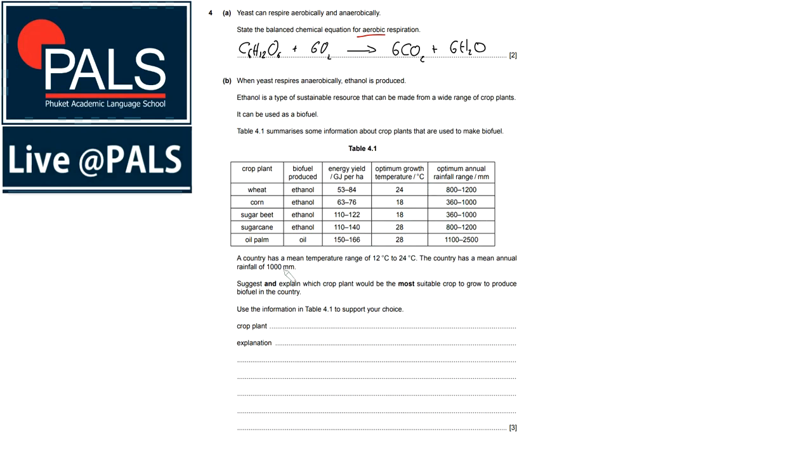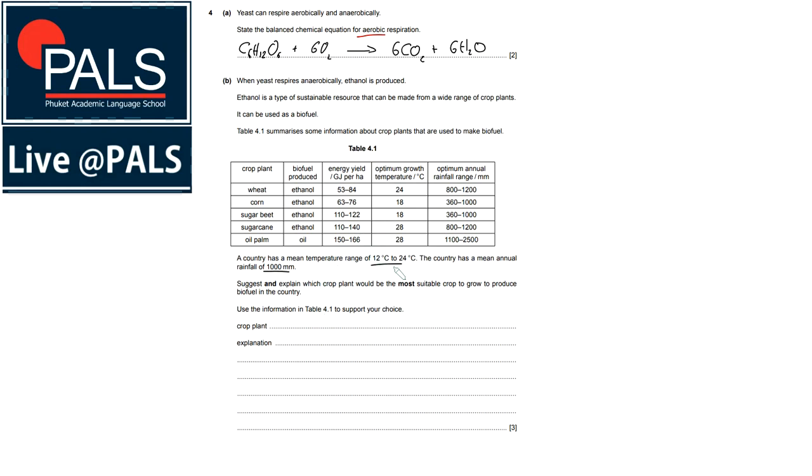for the crops. The country has a mean temperature of 12 to 24 degrees Celsius. The country has a mean annual rainfall of 1000 millimeters. Suggest and explain which crop would be the most suitable to grow and produce a biofuel in the country.